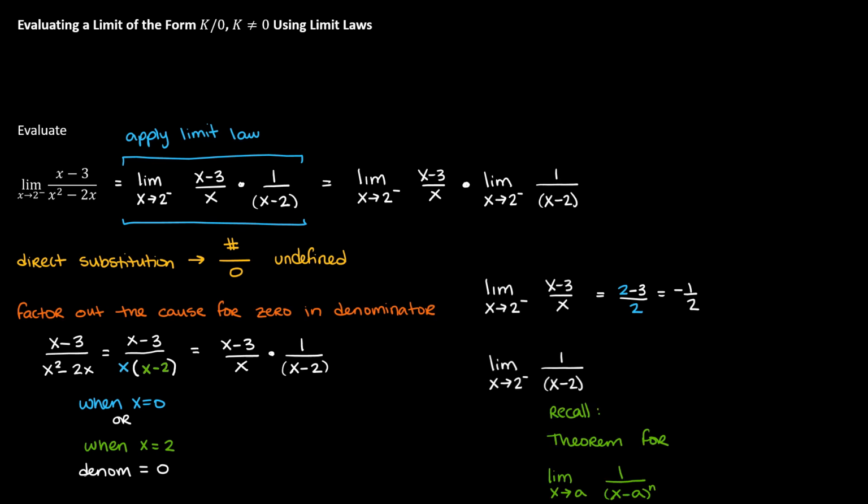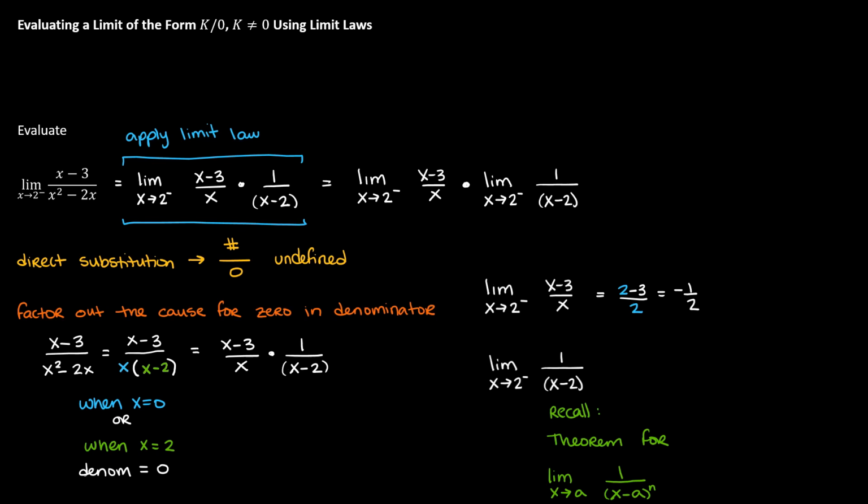But we have a theorem for functions that follow this format. Recall that if we have a function that looks like 1 over the binomial x minus a raised to the power of n, and our limit approaches a, which is essentially where our vertical asymptote occurs, that we have two cases. Either the exponent is even, or the exponent is odd.